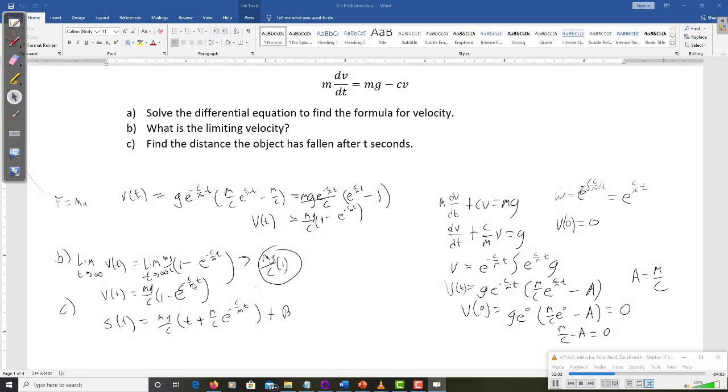I don't really think we have an initial height of the object. You could say, if s of 0 equals this, then s of 0 equals mg over c times 0 plus m over c plus b equals s sub 0.